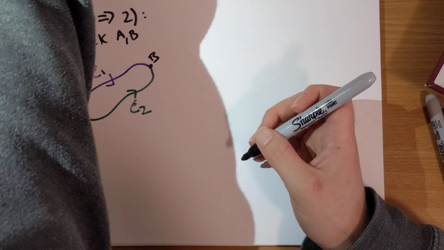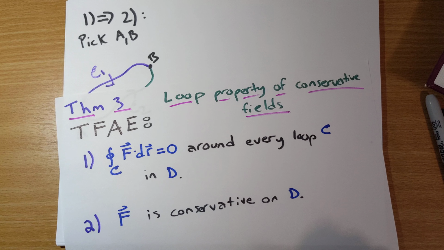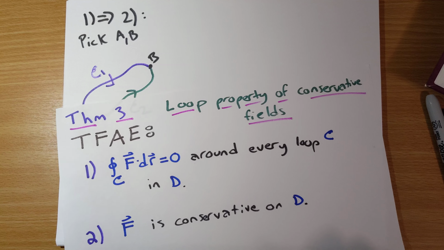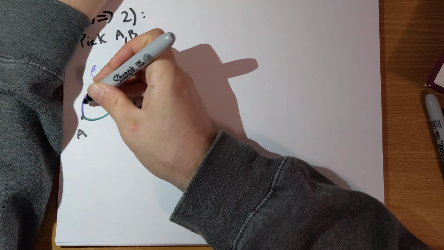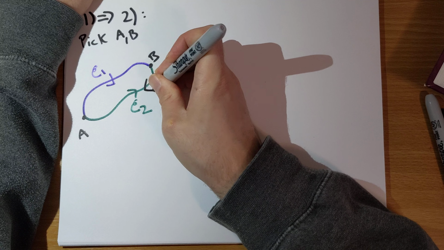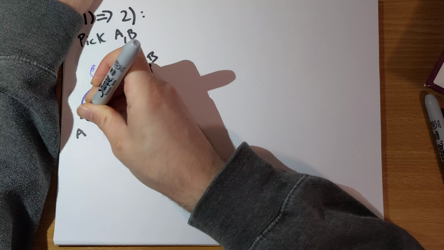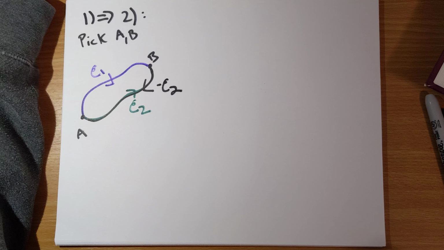But we're assuming this first statement here: the integral around any closed loop of F is 0. Do we see a closed loop here? Well, we can go along C1 and then go along the negative of C2, and this gives us a closed loop.